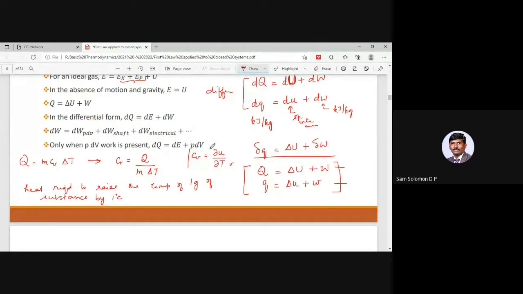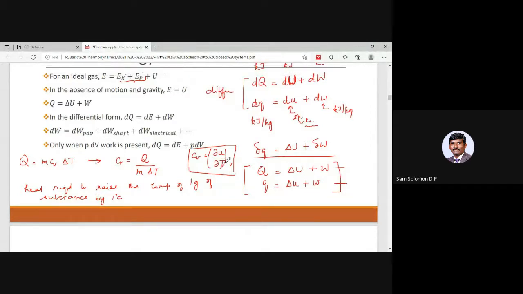This is the definition of Cv: the change in internal energy per change in temperature when the volume is held constant. So that is your specific heat at constant volume.